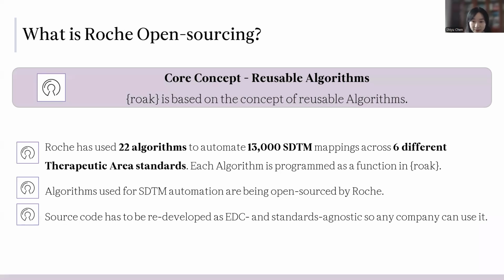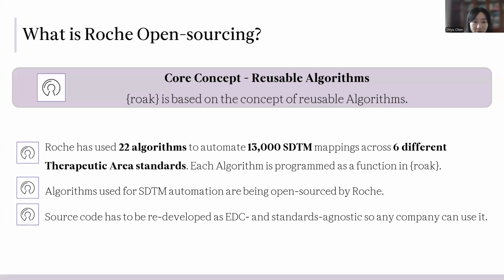The core concept behind this package is reusable algorithms. So what we are trying to open source is actually not the source code from our oak package, because our oak was developed specifically for Roche studies. But the core concept is reusable.